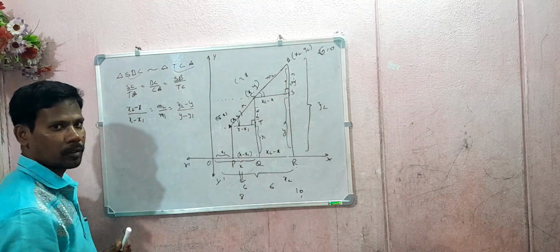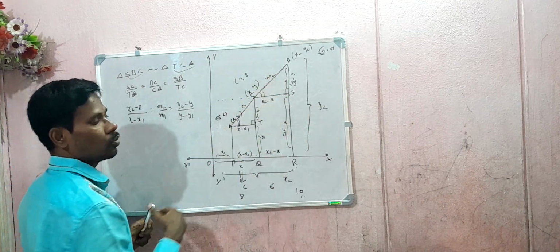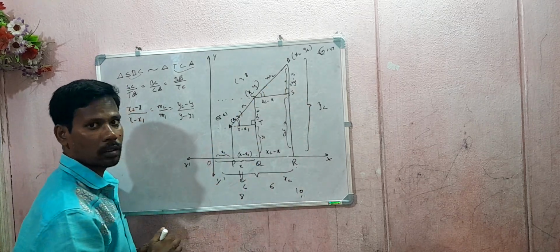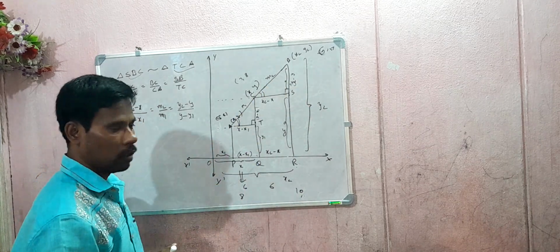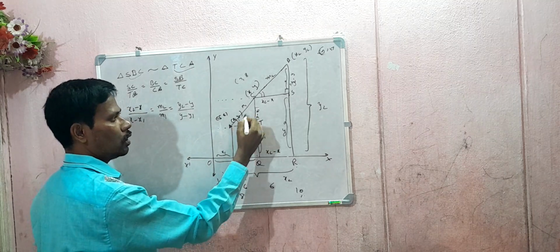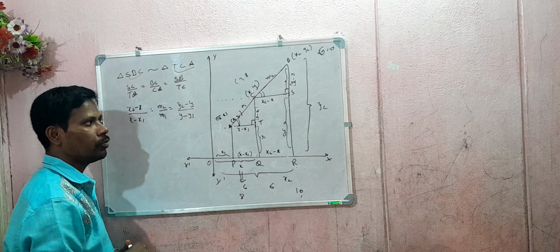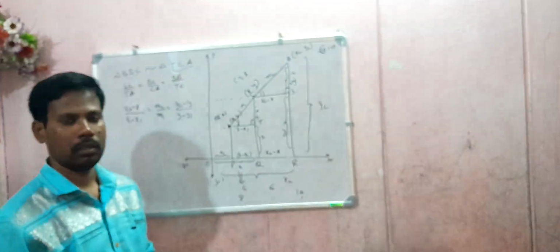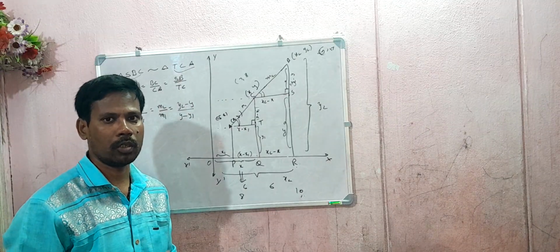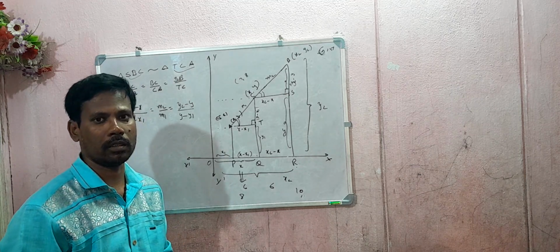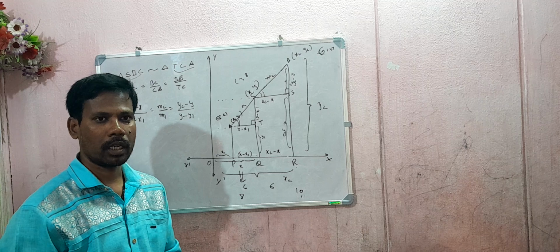So that's it. Now you have to compare these two triangles. You need to know some similar triangle concept. If two angles are equal, then those triangles are said to be similar triangles. Similar triangles, not congruent.